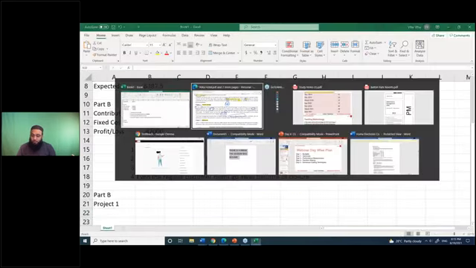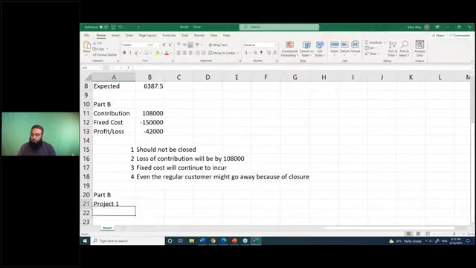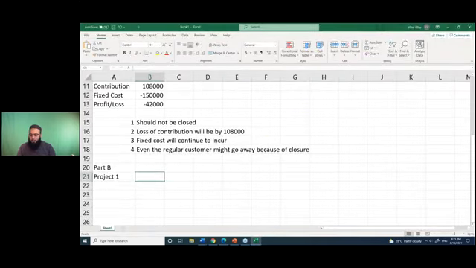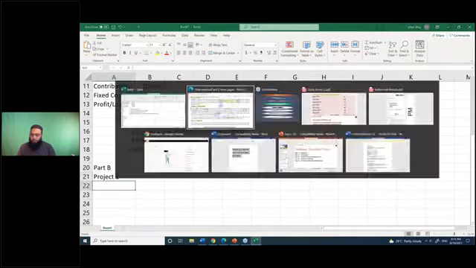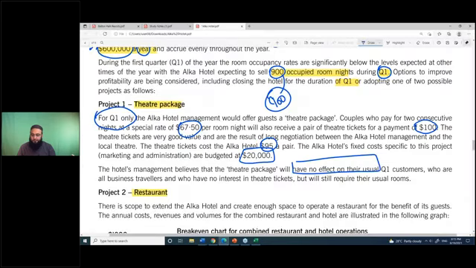So what's project 1 here? Project 1 is about the theater package, and let's now think how we need to work this out. Be with me and let's have a look exactly what we need to do.